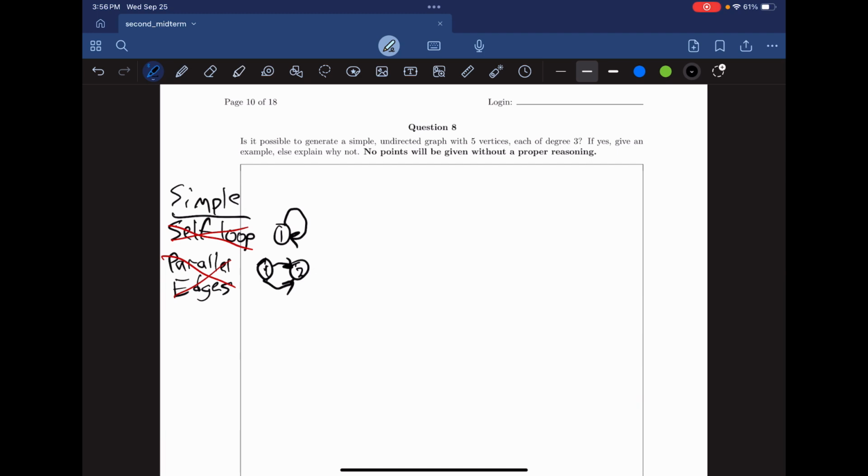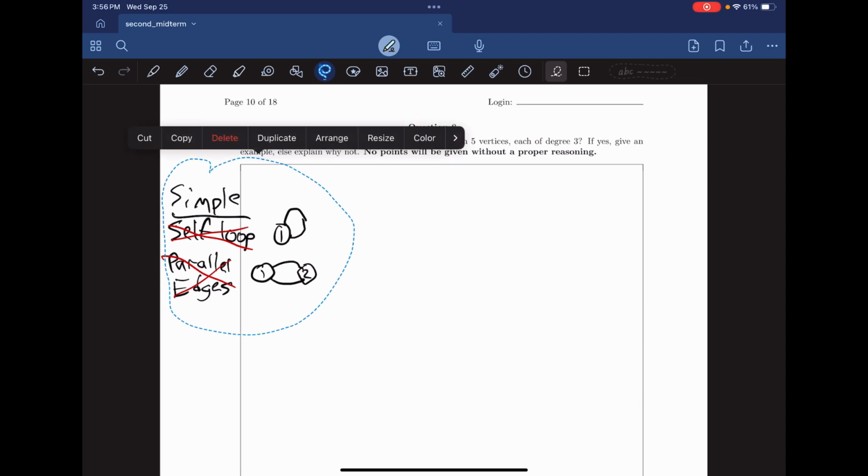I drew these with arrows, meaning this is for a directed graph, but this also goes for undirected graphs too. I can get rid of the arrows for simplicity's sake. A self-loop is an edge that goes back to itself, and a parallel edge is two edges between the same pair.